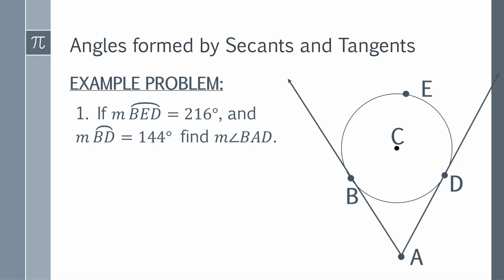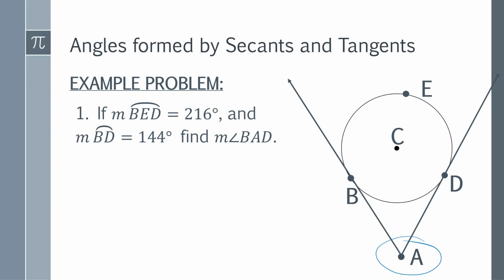So here is how it works. Since our intersection of two lines is outside the circle, we have to use the formula with the difference of these two arcs.